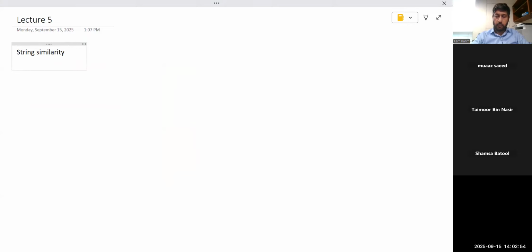Just before we go into that, just to reiterate, why do we need string similarity? What are some applications of string similarity? Can someone remind me of some applications? Any application? So I got a response, summarization.